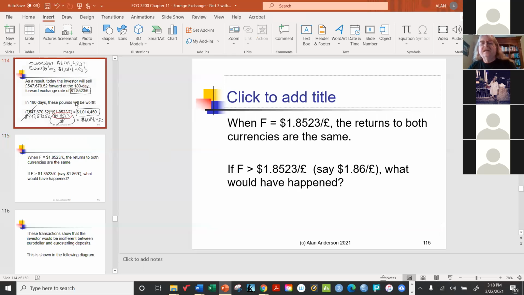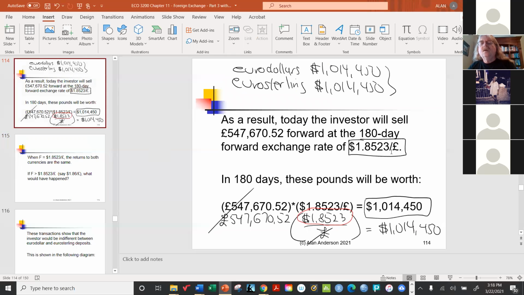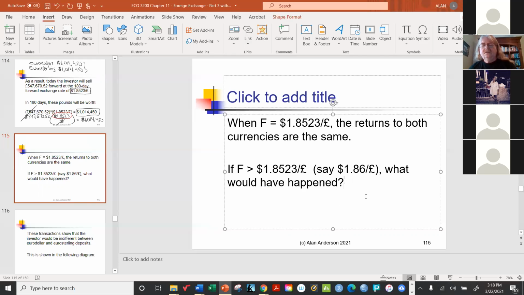Okay, so let's go back here. And what you would notice is that when you entered into this contract, you would have sold the same number of pounds. Okay, that wouldn't have changed because that's dependent on the euro sterling interest rate. 547,670.52 would then have been multiplied by this excessively high exchange rate.